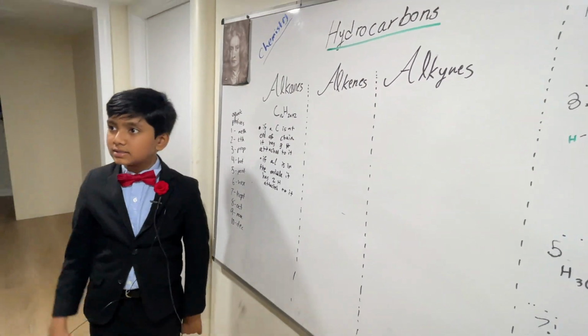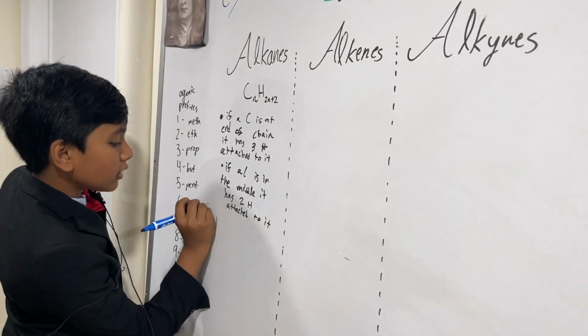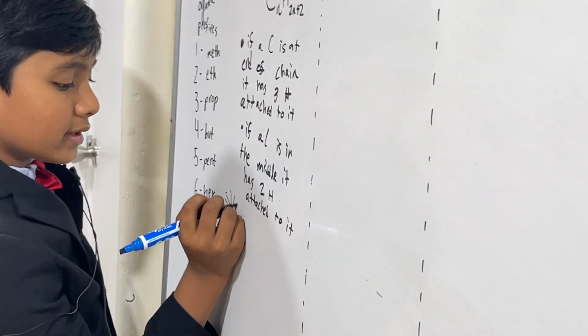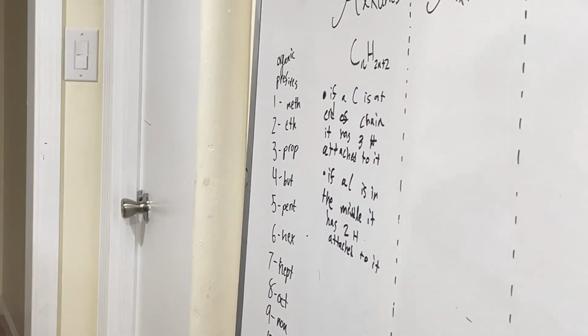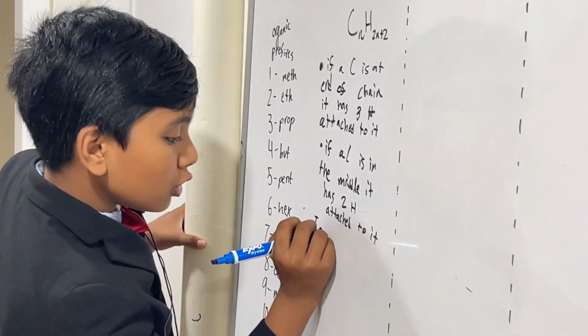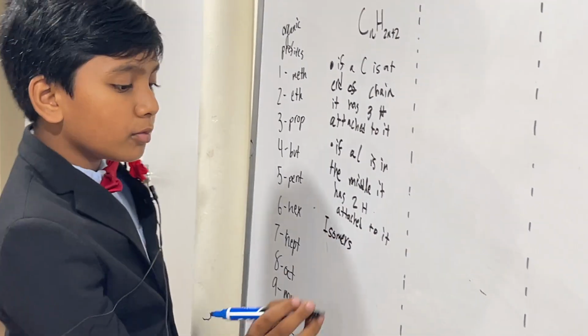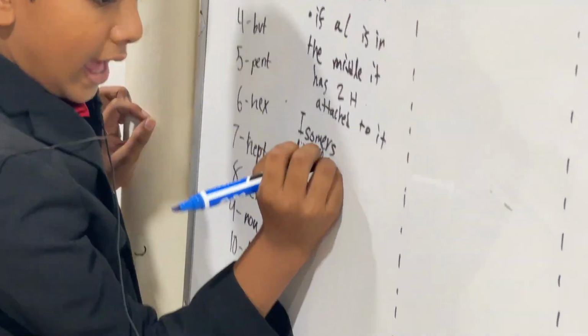Now the thing is, branch. Now usually when you have a tree, you have lots of branches. Well, same way for a lot of alkanes. Have you heard of isomers? Isomers are like allotropes. Have you heard of allotropes?